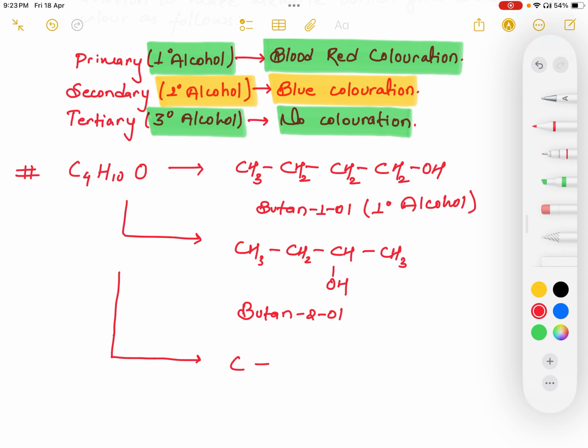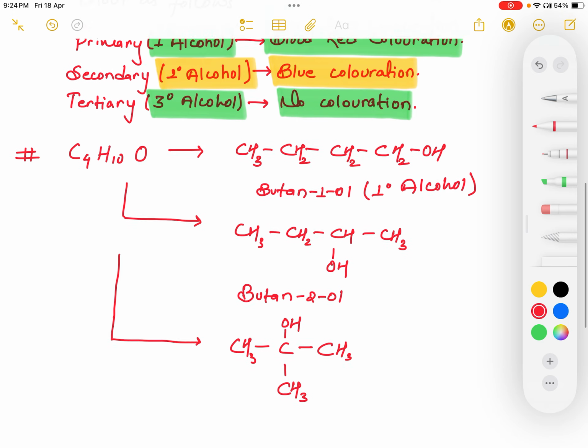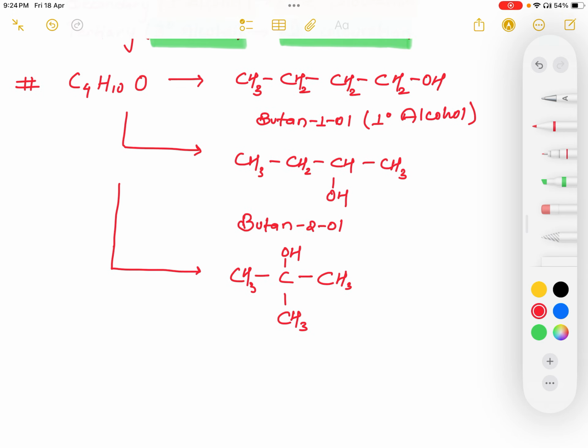The third one that I can make will look something like this. There will be 1, 2, and 3 carbon. Other than that, I can put 1 carbon over here and the OH group right at this point, with CH3, CH3, CH3. We can name it 2-methylpropan-2-ol.